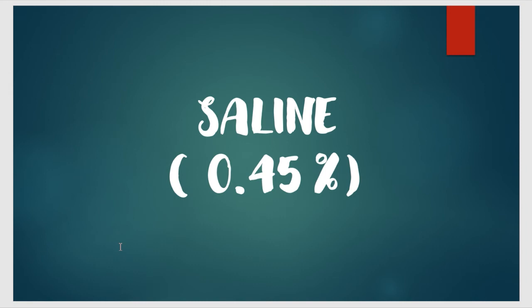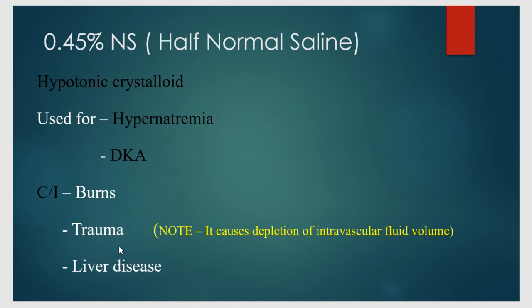Next option that is available under crystalloid is saline 0.45%. This is also known as half normal saline, and it's a hypotonic crystalloid used in the management of hypernatremia, right? And it is frequently used in the management of diabetic ketoacidosis, 0.45% normal saline. This crystalloid is contraindicated in burns patients, in trauma patients, and in liver disease patients.